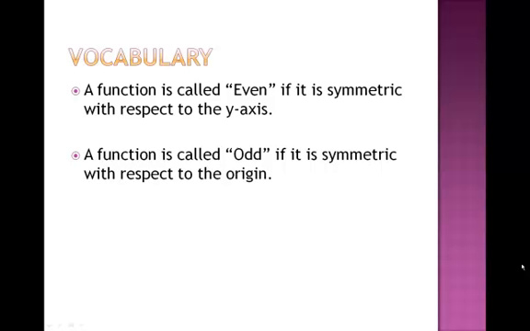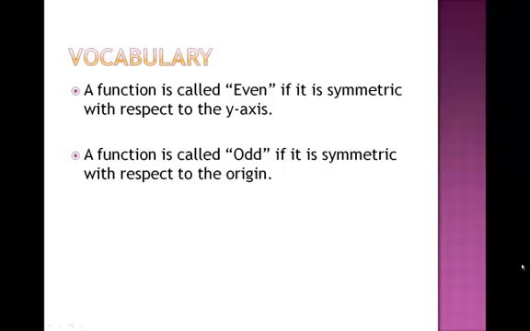Alright, so that is a lot of information just on symmetry. And it seems like we haven't even touched on when a function is even, odd, or neither. But actually we have. You see, those terms, even and odd, are actually just special terms given to functions when they have certain types of symmetry. In fact, you can call a function even if it is symmetric with respect to the y-axis.